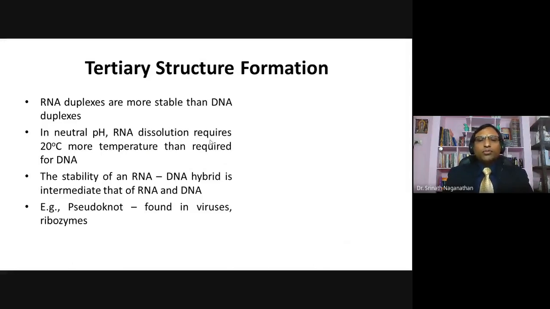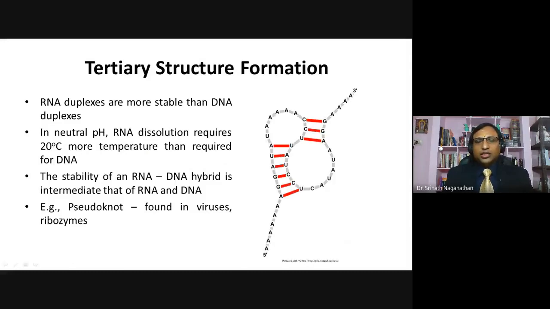The pseudoknot formation, which can be observed most in RNAs, is found in ribozymes and viruses. You can see the structure: the tertiary structure formation is because of the complementarity between the nucleotides.